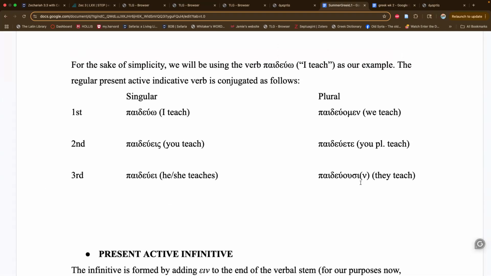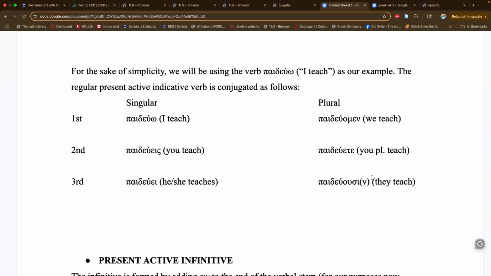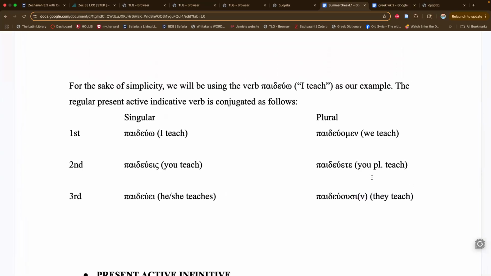And like I said, for the usi, you might see it with a usin instead of usi. That's just so that you can avoid having one word ending with a vowel and the other picking up with it. In the same way that we had ou versus ouk, to say ouk estin or ou blepo, if a verb ending in usi is followed by, I don't know, agapein, it'll be usin agapein.